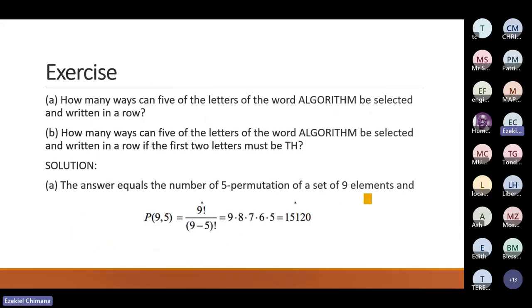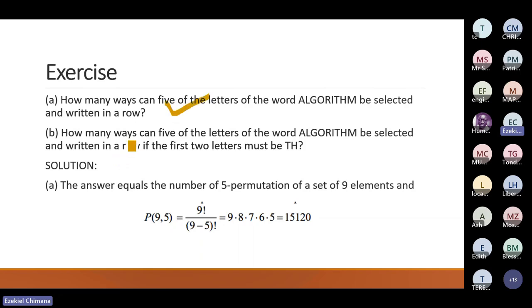There is this exercise, and I'm sure one of these two questions was part of your assignment. So just revise all these things. How many ways can 5 of the letters of the word algorithm be selected and written in a row? This one is a question.